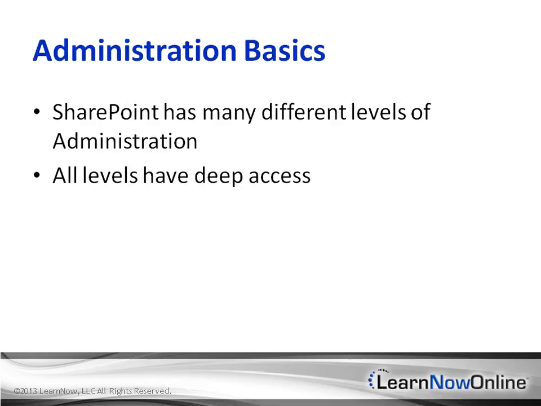A lot of times administrators will plan on the top couple of levels, maybe the farm administrator and the operating system level administrator, and then kind of pass off the collection administrator or the site administrators to other people. Know that each of these levels has very deep access, and for proper governance, you need to map out exactly who has access in each place to be able to have a successful rollout.